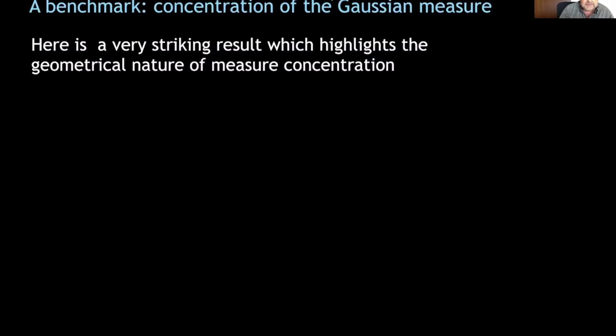I begin with the geometrical aspect because this is something very new for you, and this will make you realize that there is something new which will happen if you look at this new theory. There is something new with respect to what you know in probability theory.